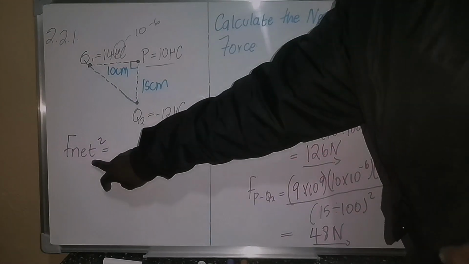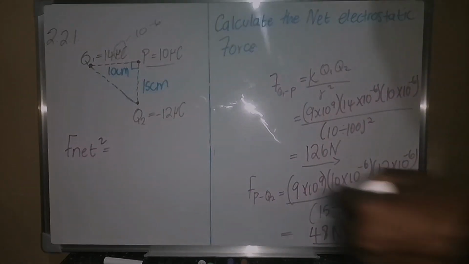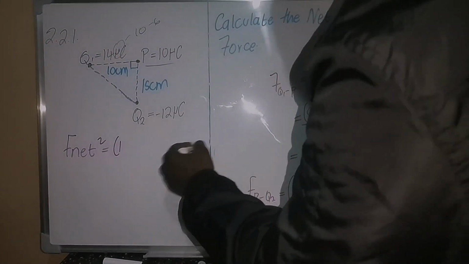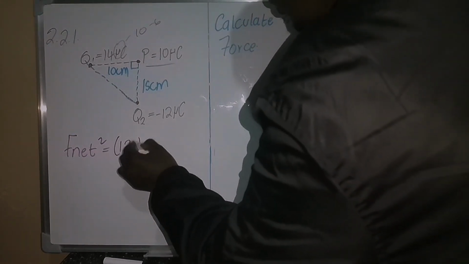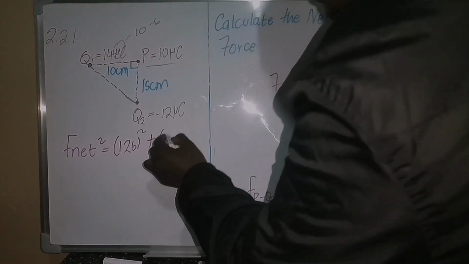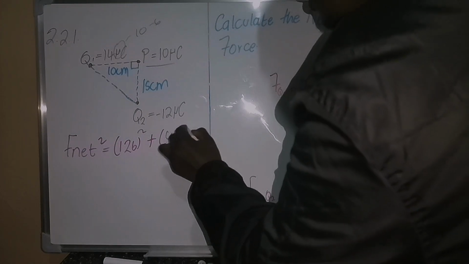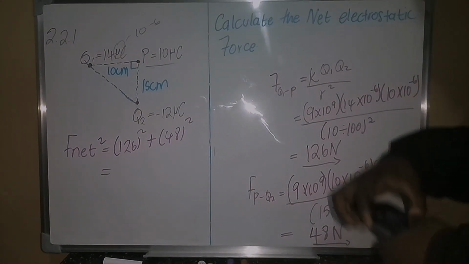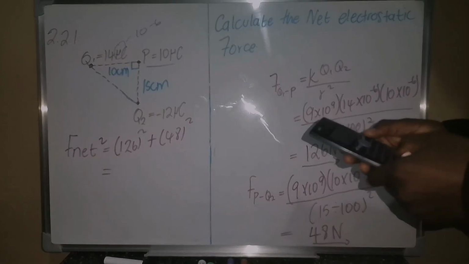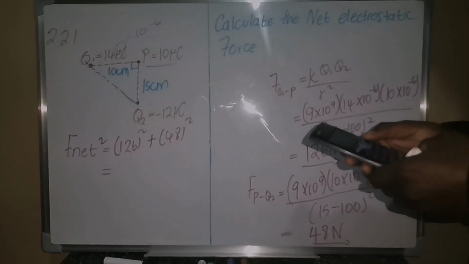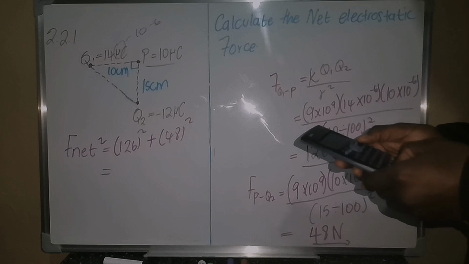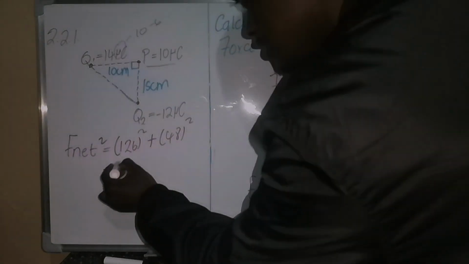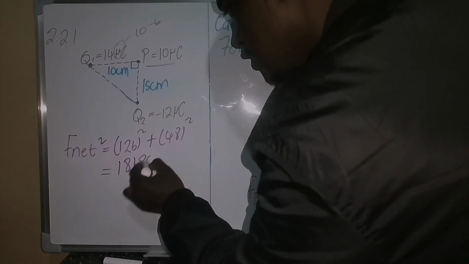So F net squared is equal to the adjacent squared plus the opposite squared, which is 126 squared plus 48 squared, which gives 18,018.